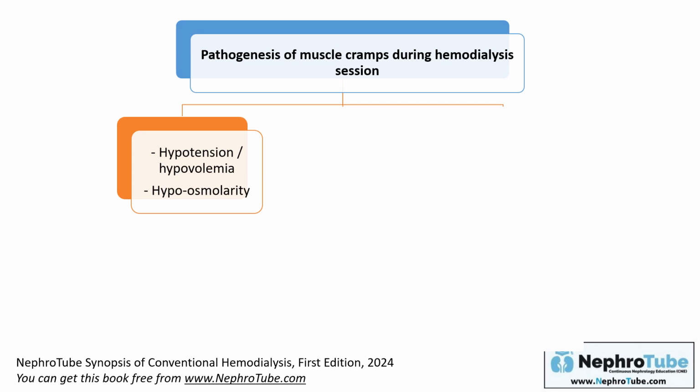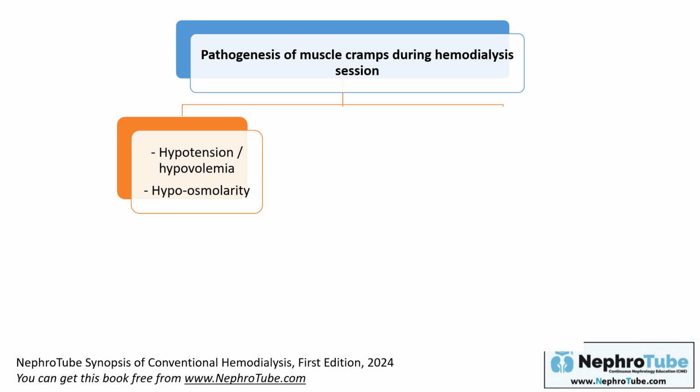Also, there is evidence that hypoosmolarity that can occur during hemodialysis, whatever the cause, due to shift of urea from the intravascular compartment to the dialyzer, as we mentioned in the previous lecture in the explanation of intradialytic hypotension, that the diffusion of urea may cause hypoosmolarity.